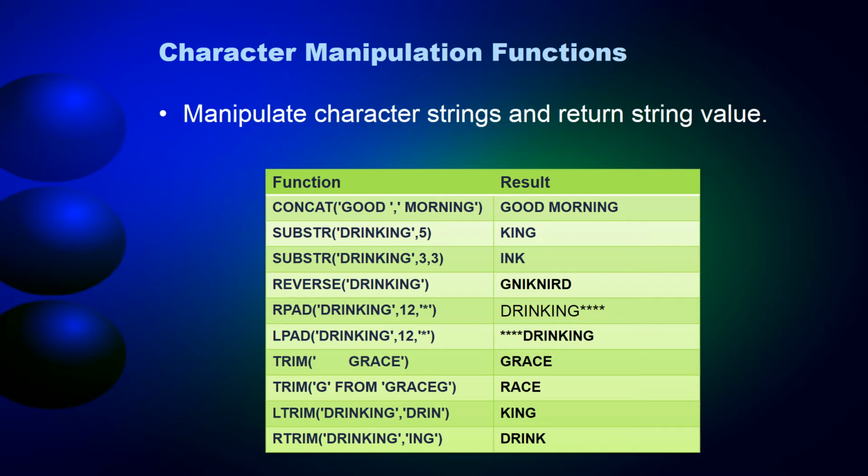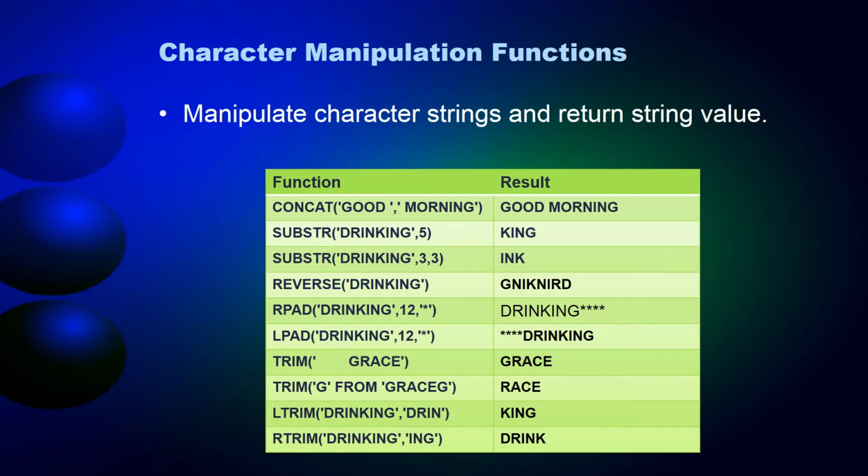Next function is ltrim of drinking, comma drink. This function removes the left part, that is drin, from the string. So the remaining characters, king, are given as the result.